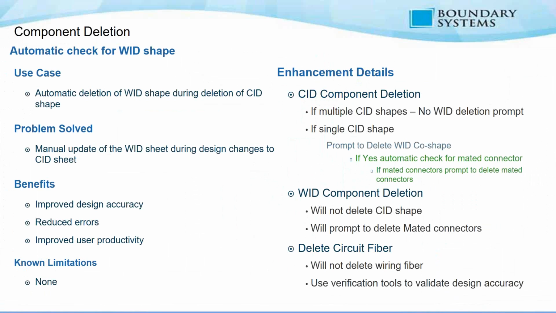The same type of thing happens at the wiring side with the mated connectors. If you have a connector mated to your components on the wiring side, it'll prompt you. But if you delete a component on the wiring side, it will not delete the connector at the circuit side.